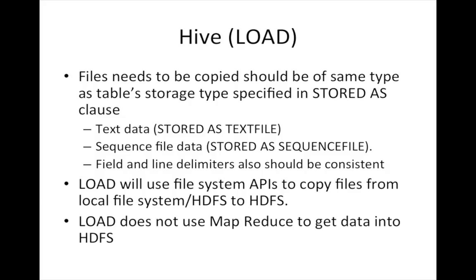Load will use file system APIs to copy files from local file system or HDFS to HDFS. It is mainly for Java developers. If they want to know internally how it goes, there is an API called FileSystem for Hadoop, and internally this load command will use that API, and it does not use MapReduce to copy data into HDFS.